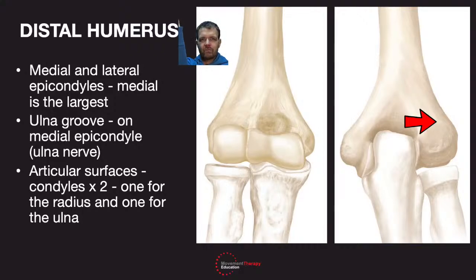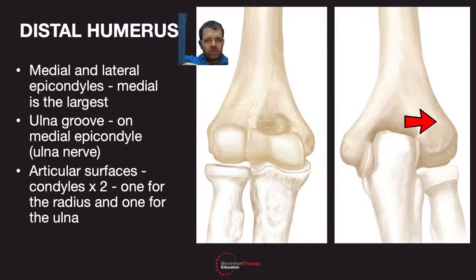Yeah, you can feel that real bony lump there, and this is really useful when you're doing assessments of the elbow, and you're trying to figure out where muscles attach into. So there's a whole bunch of muscles that attach onto the inside of the elbow, and there's another bunch of muscles that attach onto the outside, and there's specific conditions that affect each of those.